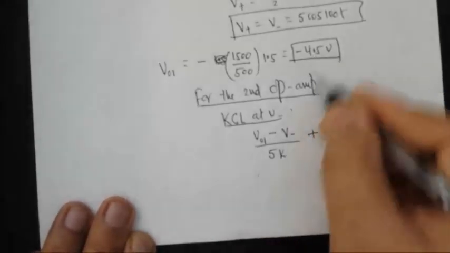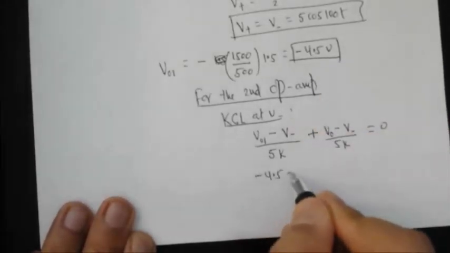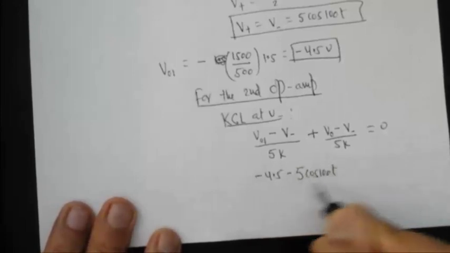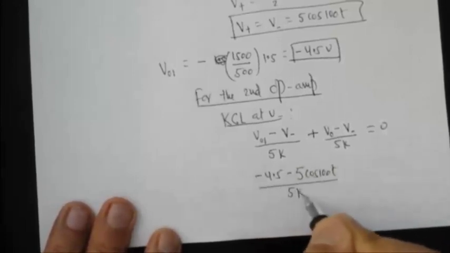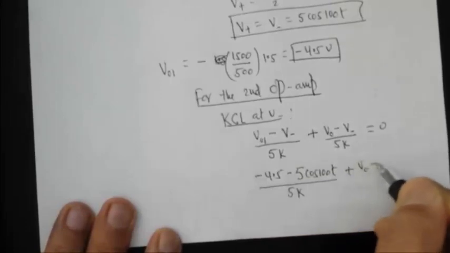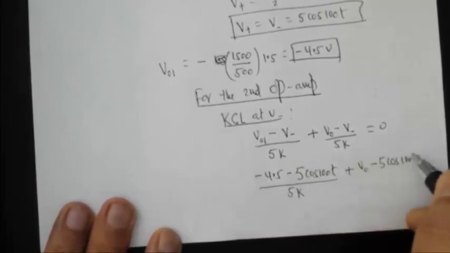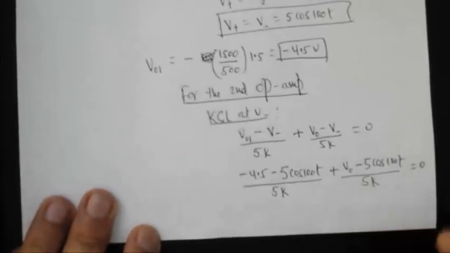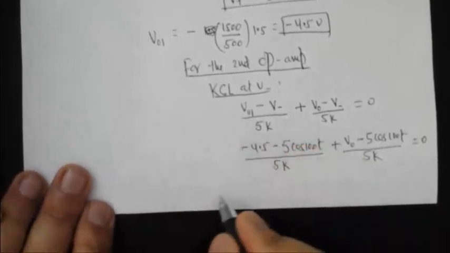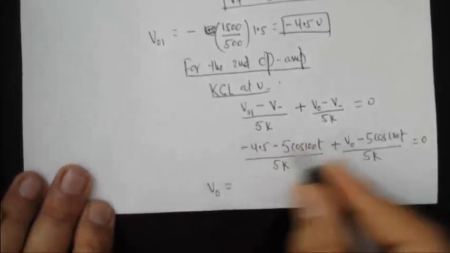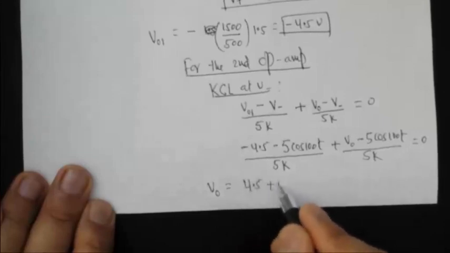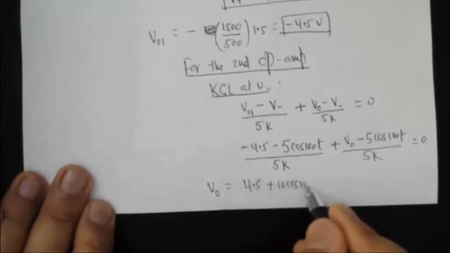So VO1 is negative 4.5. V negative is 5 cos 100t, this is the AC superimposed voltage, over 5k, plus V out minus 5 cos 100t over 5k is equal to 0. And then if you solve for V out from here, it is 4.5 plus 10 cos 100t.